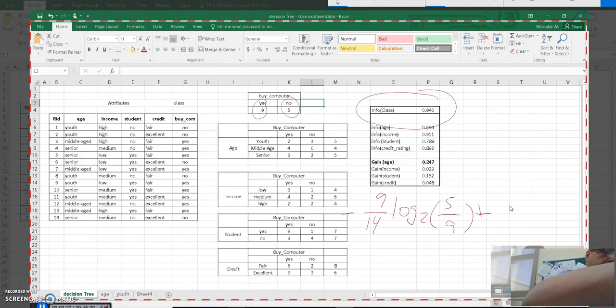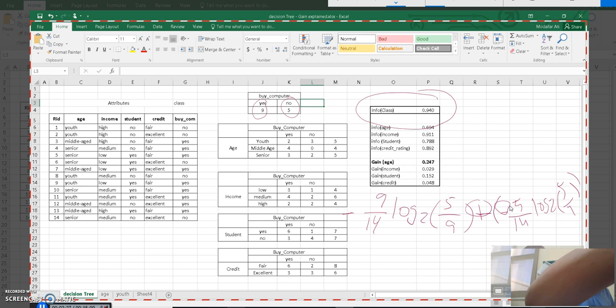The other one, for the nos, is 5 over 14, log 2 of 5 over 14, right? This is going to give me the total. So of course, this minus with the plus becomes a minus.